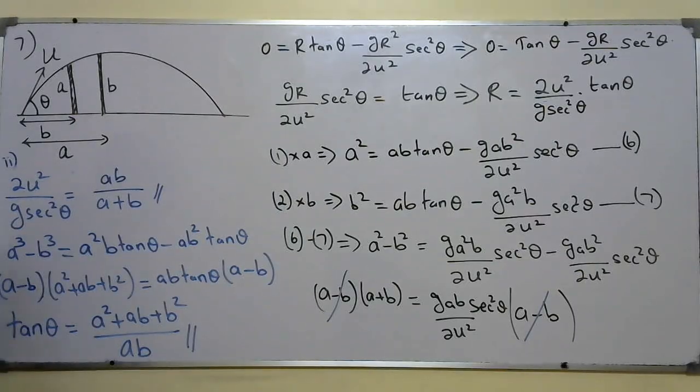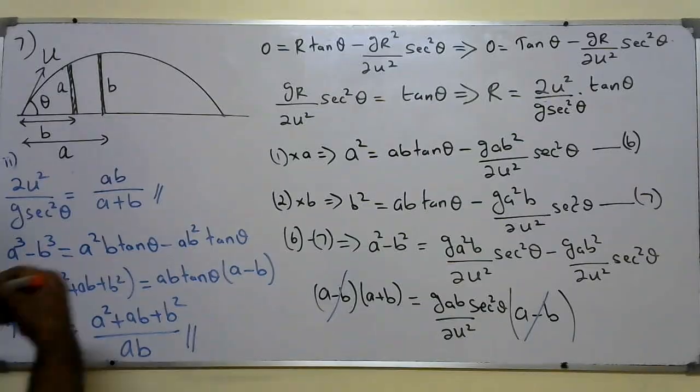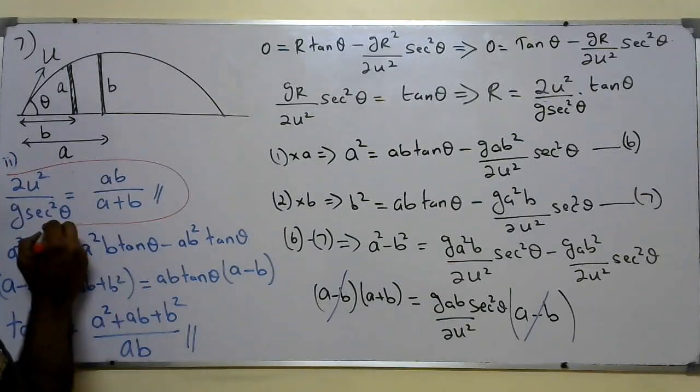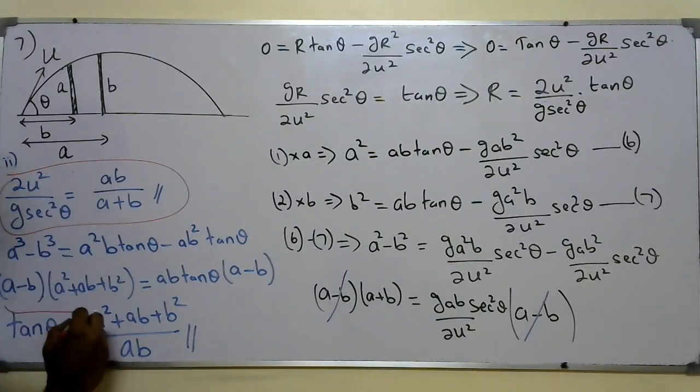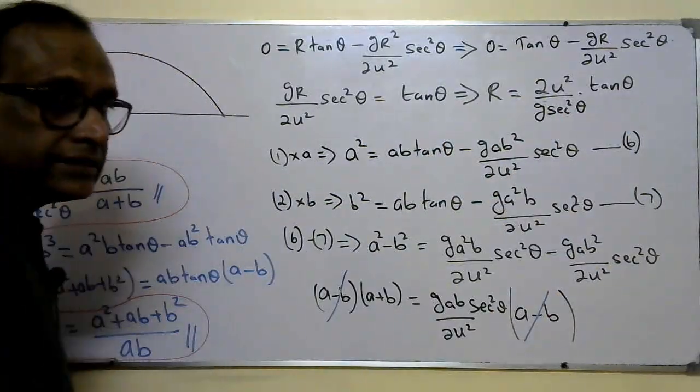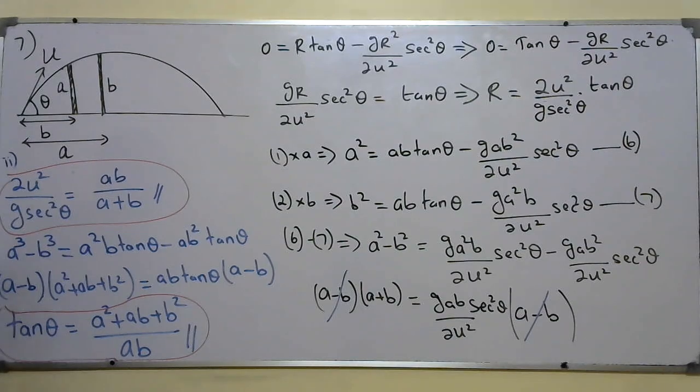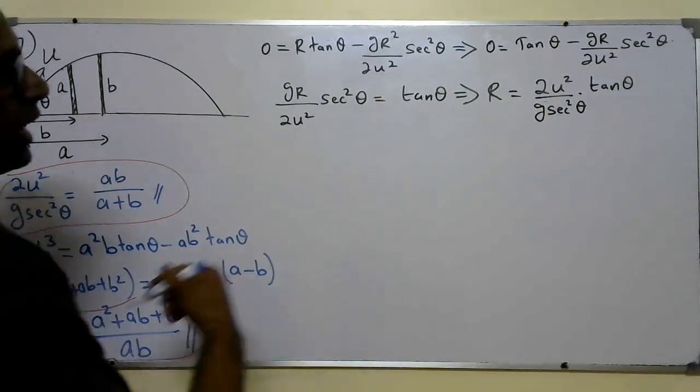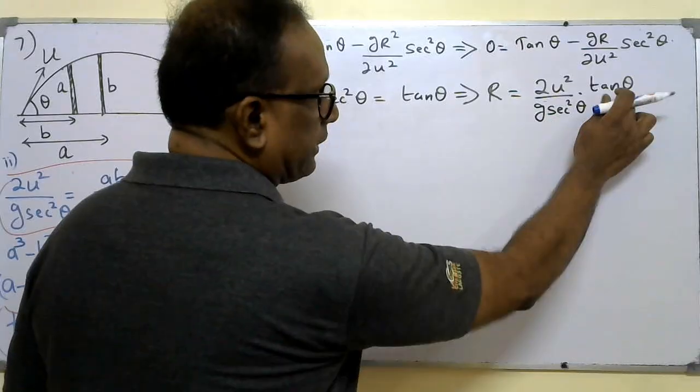Okay, now I am going to substitute these two formats, this one and this one. Here, I'll get the answer. Check it. Right, that's it. Okay, I'll erase that part. So R equals 2u squared over g sec squared theta times tan theta.